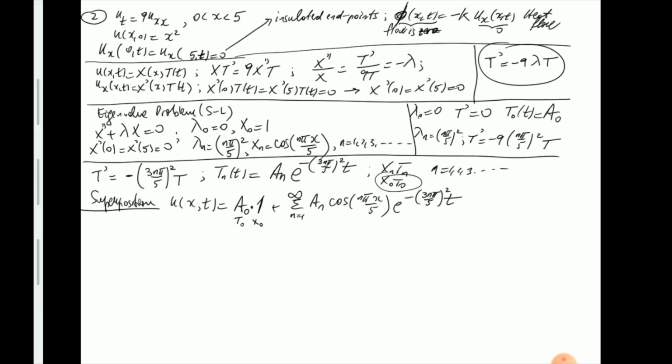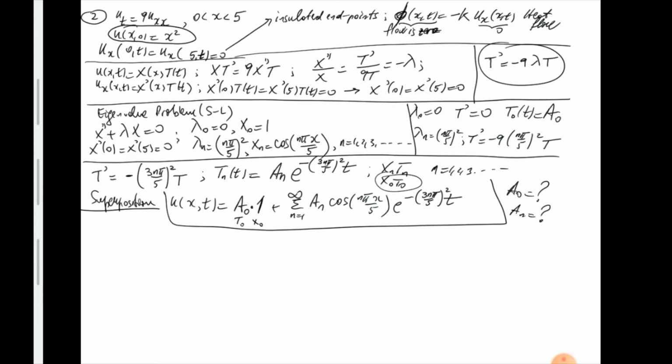All right, so finally now let's impose the initial condition, which is u of x, 0 equals x squared. So again, this is your solution, but now the question is, what are a naught and a n that satisfy the initial condition? So u of x, 0 on one hand is a naught plus the summation from 1 to infinity of a n.